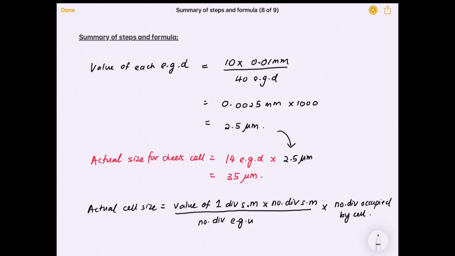That will be the formula. If you feel that sometimes you are very confused, you can remember this particular formula and try to derive the answer from there. Okay?